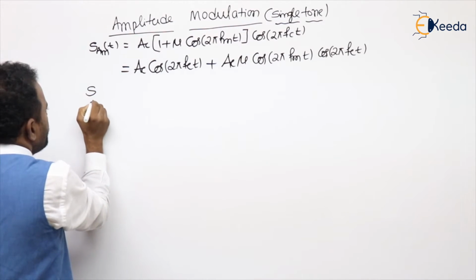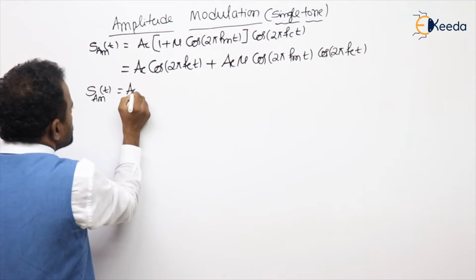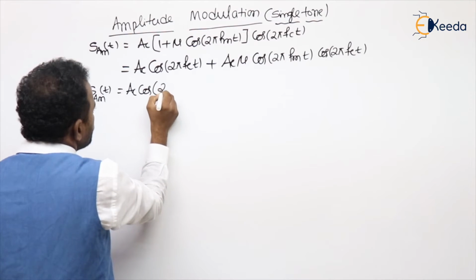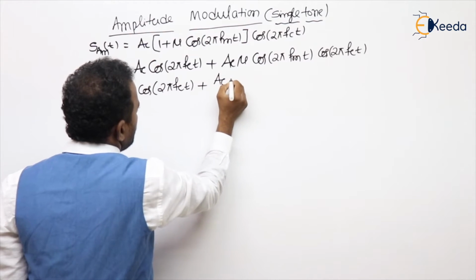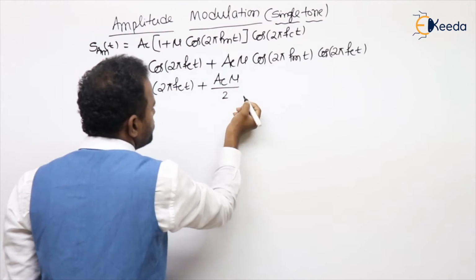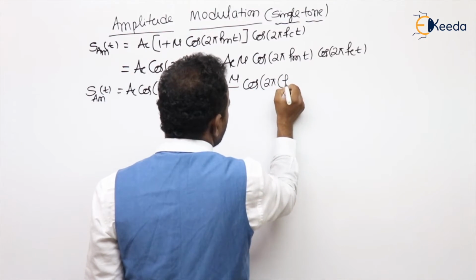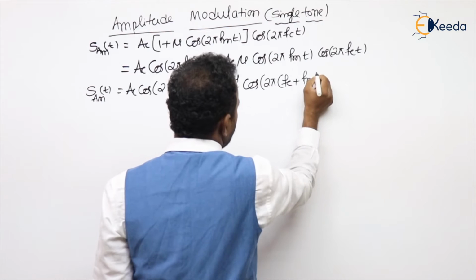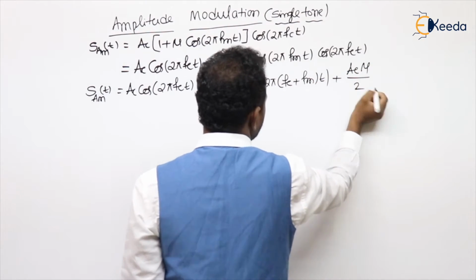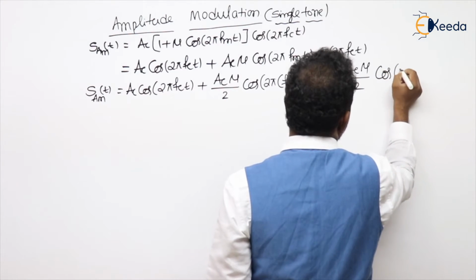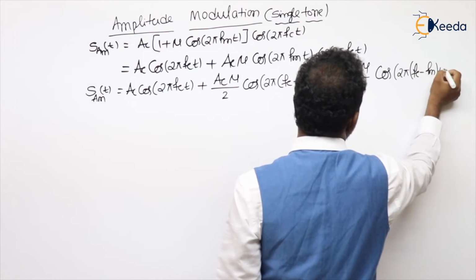So what is the other expression we will get for the singleton? The expression is A_C cos 2 pi f_c t plus A_C mu by 2 into cos 2 pi (f_c + f_m) t plus A_C mu by 2 cos 2 pi (f_c - f_m) t.